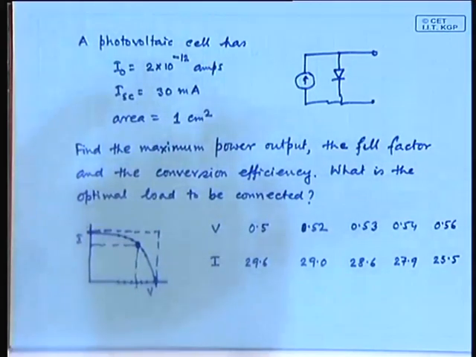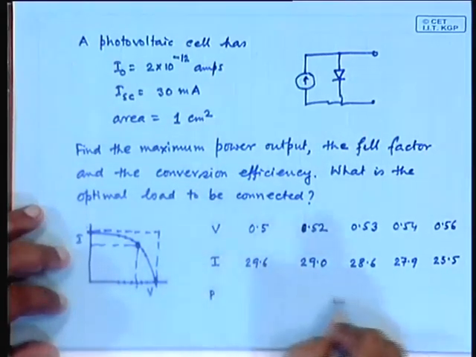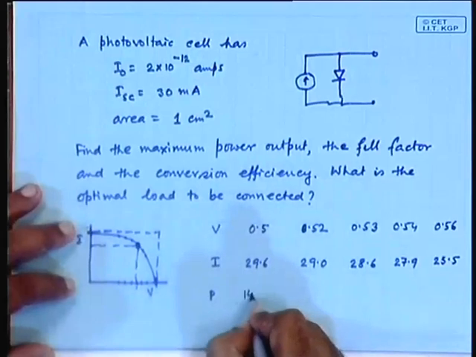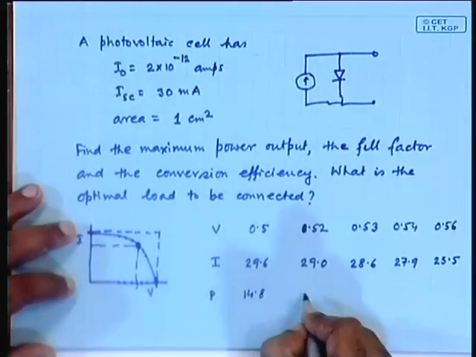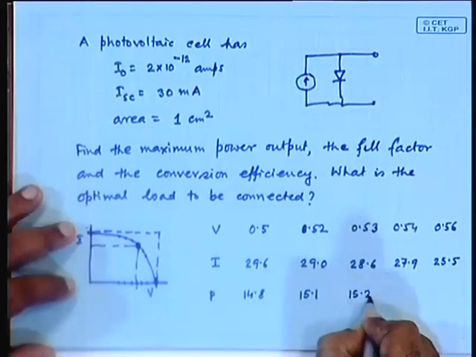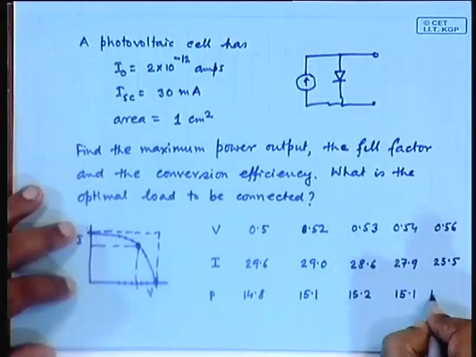What is the power? Power is the product of this. So, the products you will again be able to simply write down. Here it is 14.8, here it is 15.1, here it is 15.2, here it is again 15.1, here it is 14.3.